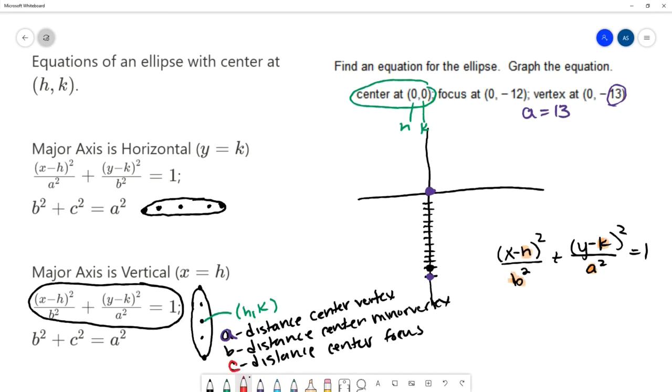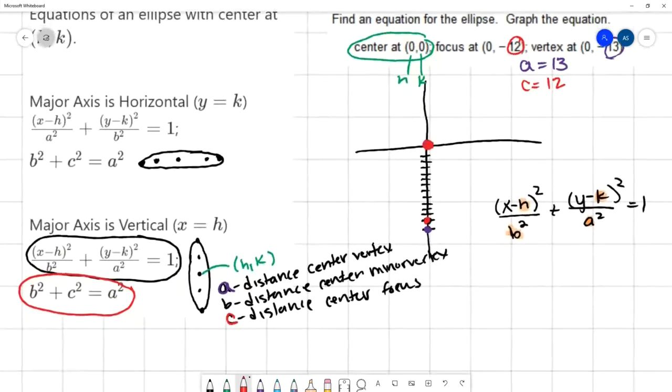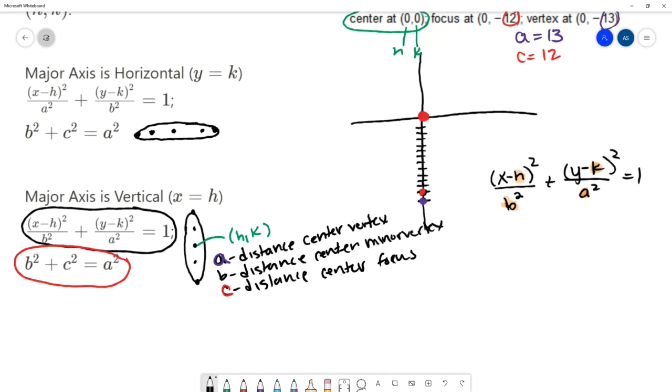And c is the distance between the center and the focus, so that's going to be 12. So c is 12. Now, we didn't get any information about how wide this ellipse is, so we're going to have to use this equation here to figure out what b is, and that's why it's there.